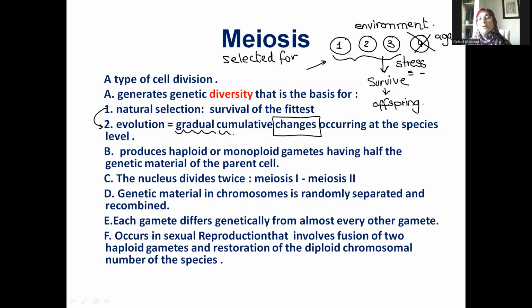The second is that it's cumulative, meaning that at the end of a certain period of time, you have a big change, but that big change is nothing but the result of accumulation of small changes. And the third characteristic is that it occurs at the level of the species. So we can talk about evolution of a species, but we cannot talk about evolution of an individual organism, okay?